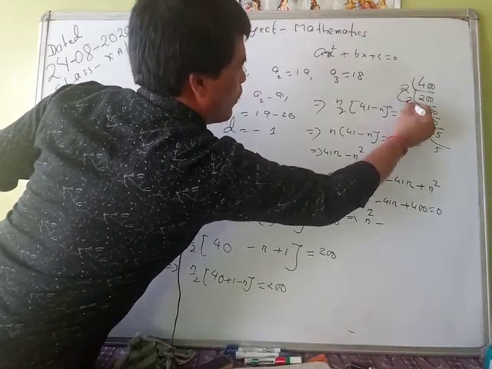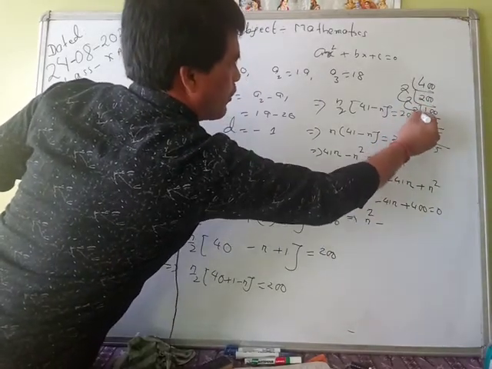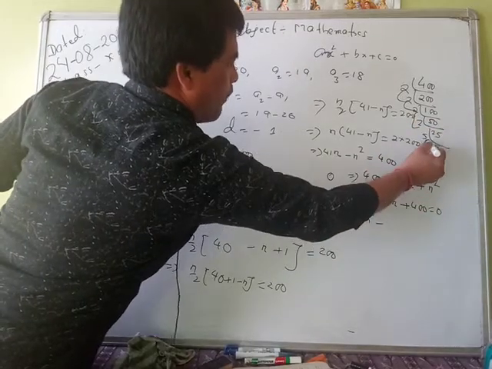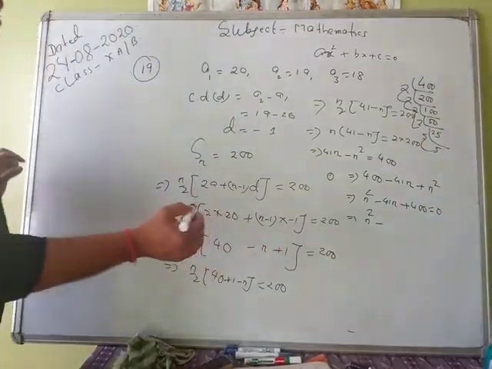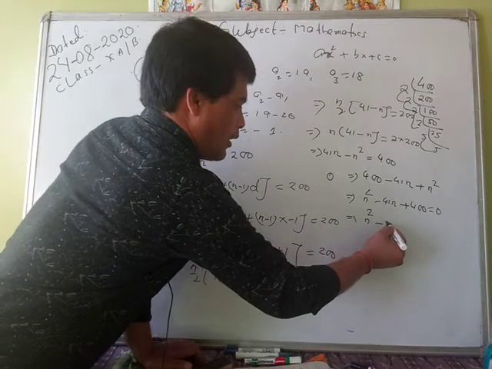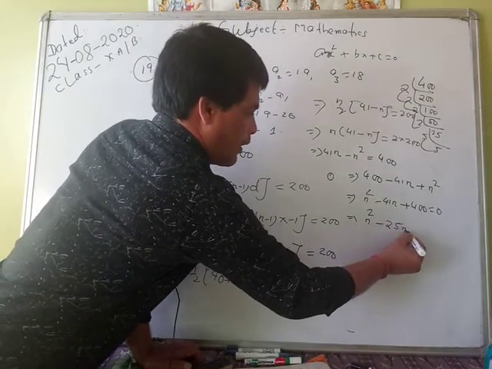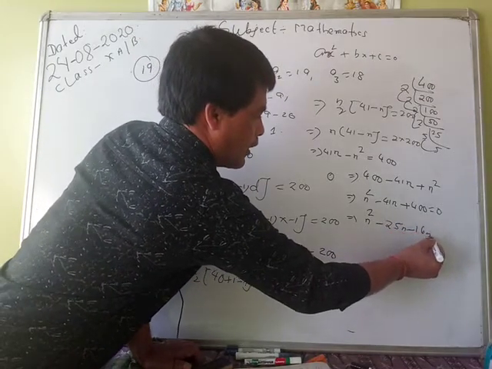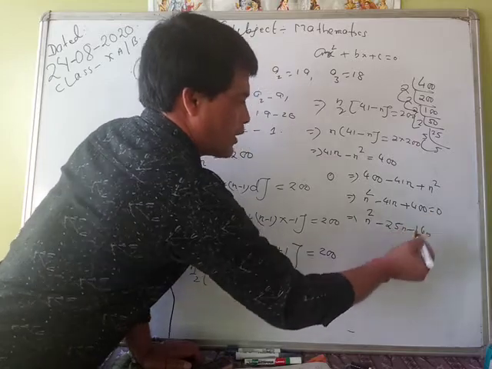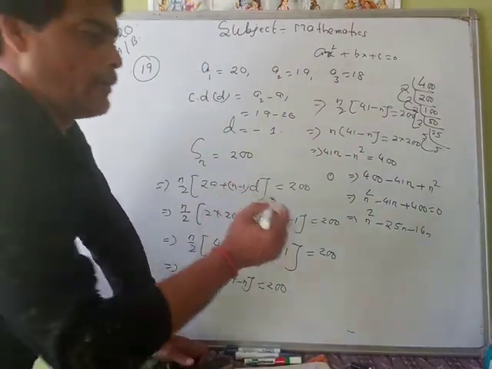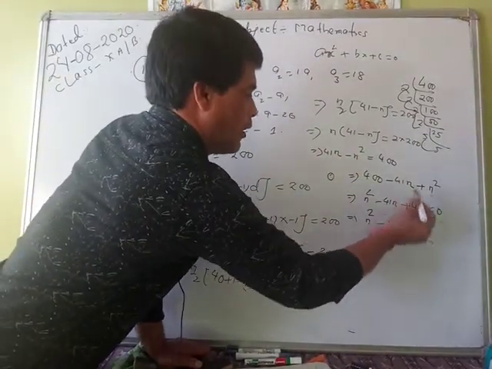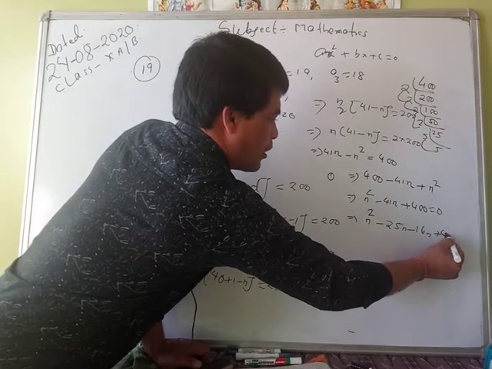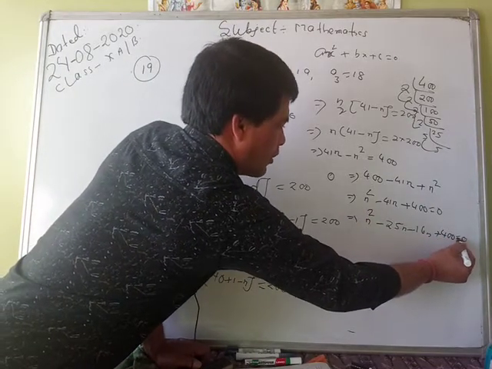Then 2 to the 4, 2 to the 8, 8 to the 16, 5 by the 25, 16 and 25. Then we have to write 25n minus 16, and if you add these you will get 41n. If you multiply 25 and 16 you will get 400, plus 400 equal to 0.